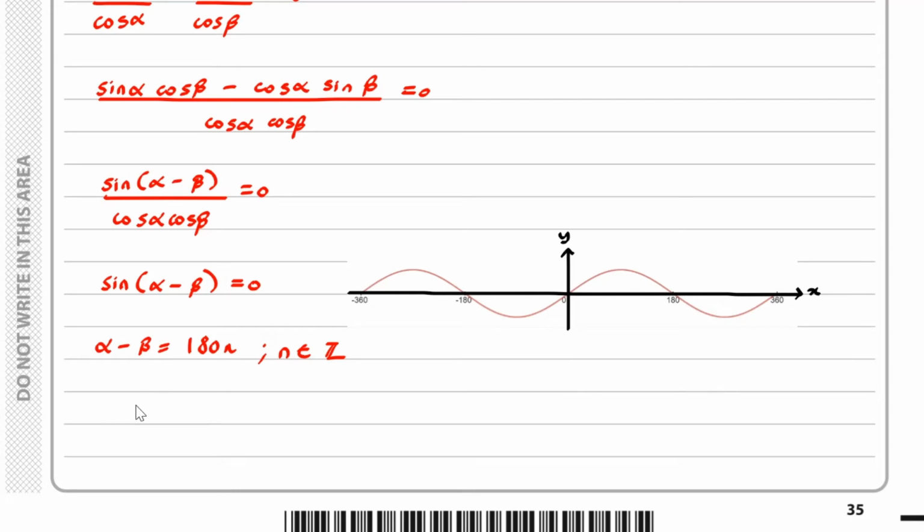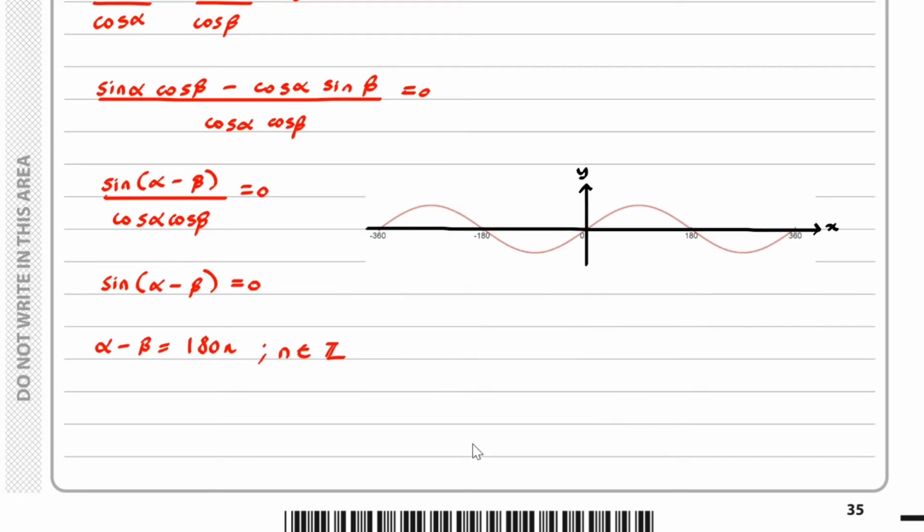So with that, what this implies over here is that alpha is equal to 180 lots of n plus beta, okay? That's a general solution.